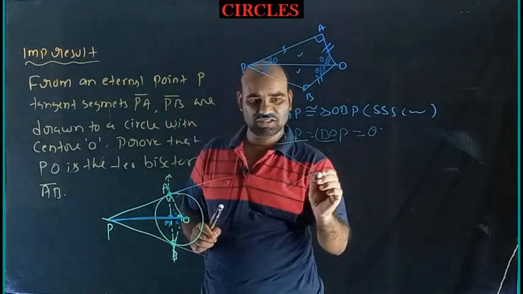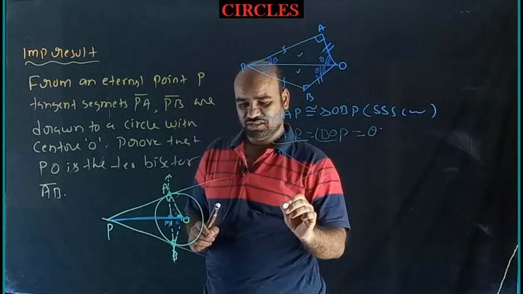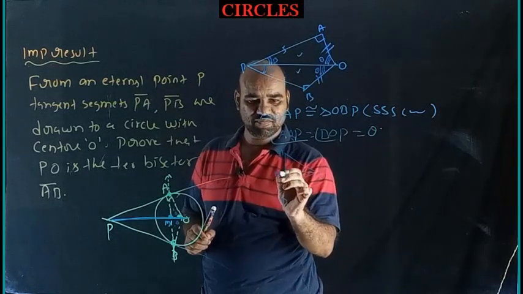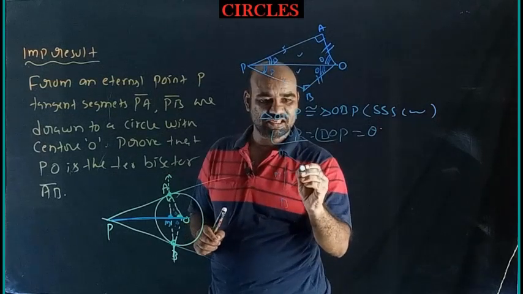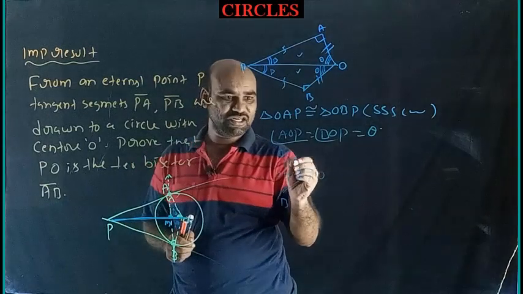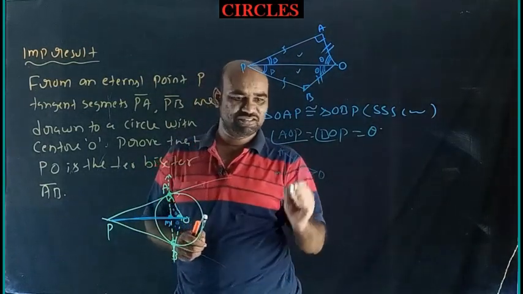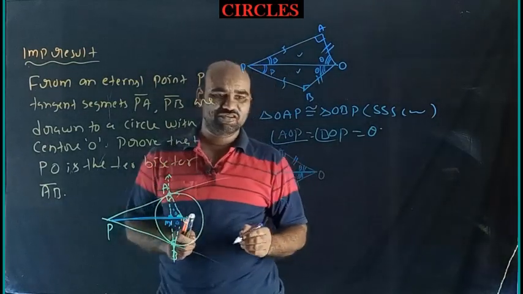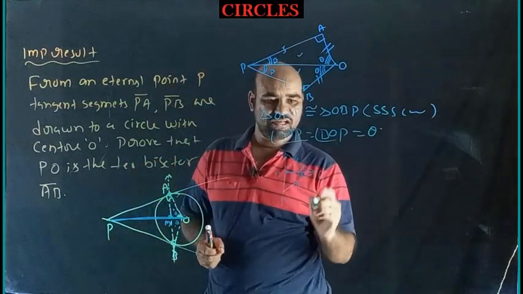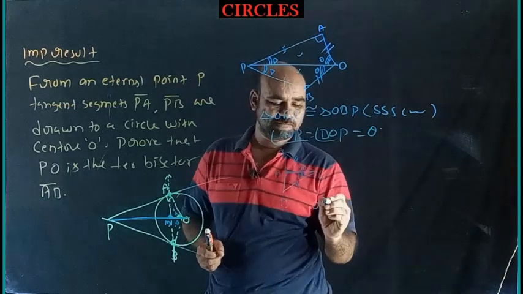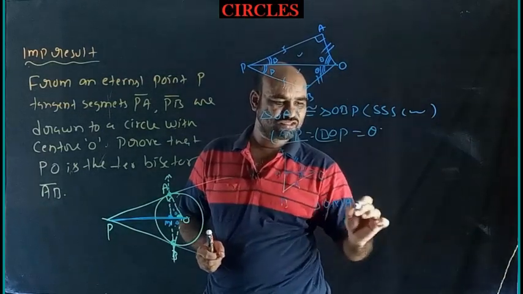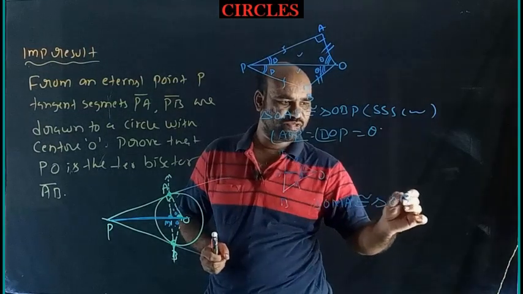So I want to draw another separate diagram for that. Observe here, this is O, this is A, this is B. Just this is M. Just now we got this angle theta and this angle also theta. So this is radius and this is radius. This is common side. From SAS congruency, these two triangles are congruent. Triangle OMA is congruent to triangle OMB.